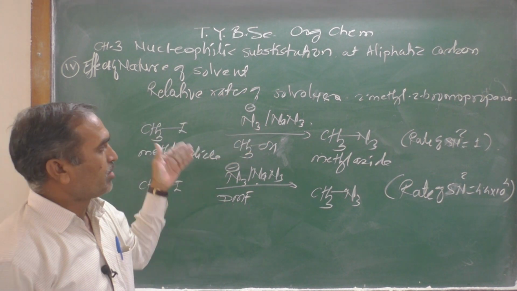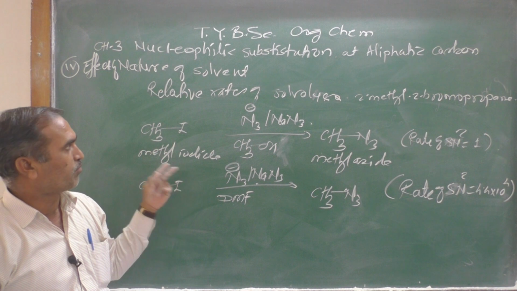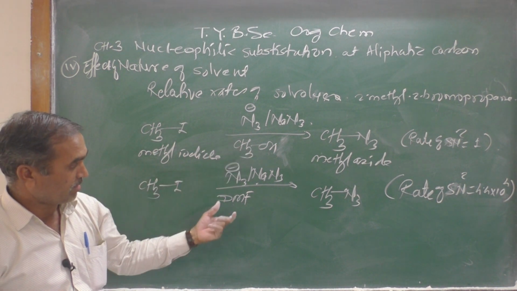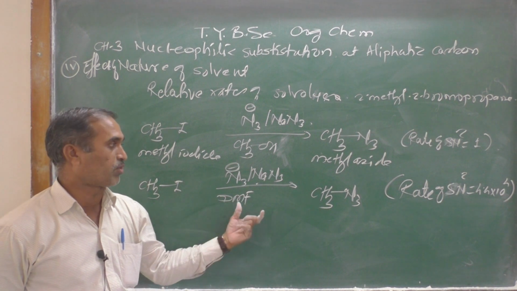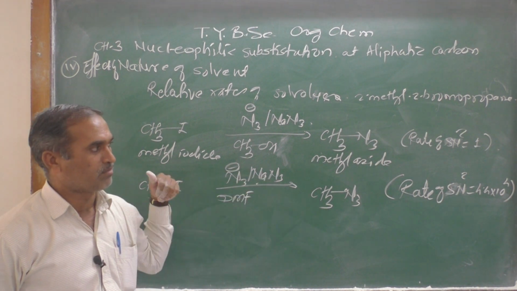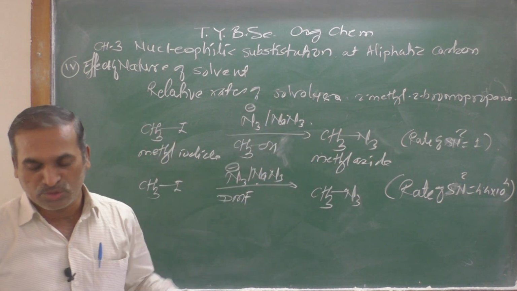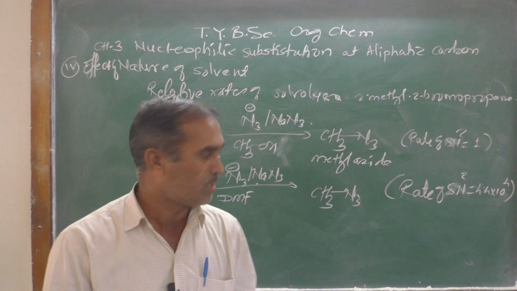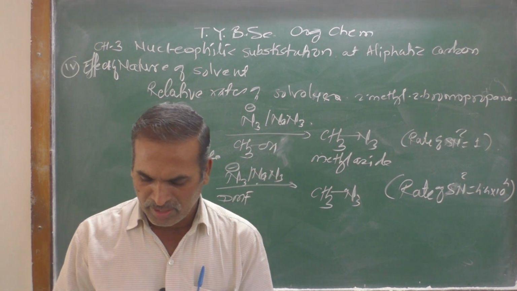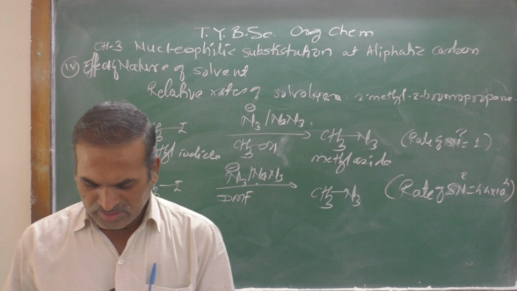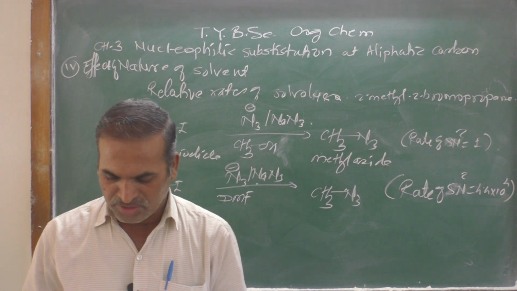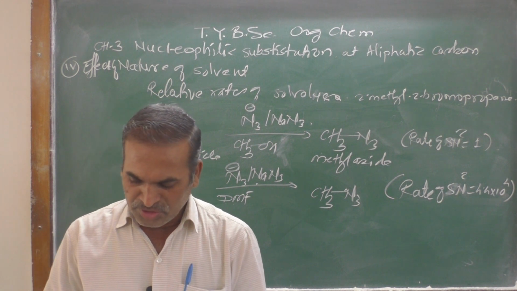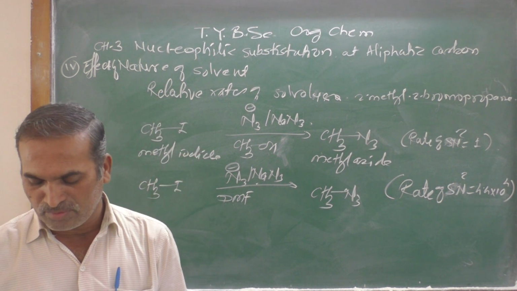If you observe these two reactions carefully, what is the only change? Here we are using a polar protic solvent, here a polar aprotic solvent. A polar aprotic solvent increases the SN2 reaction very tremendously, and this is the thing you have to remember here. Now the mechanism of reaction might change just by changing the solvent.